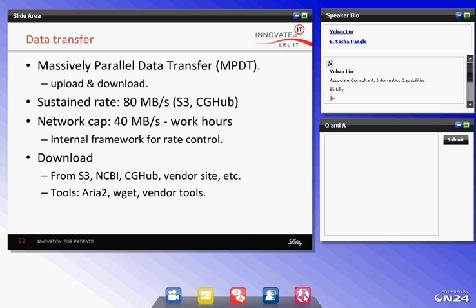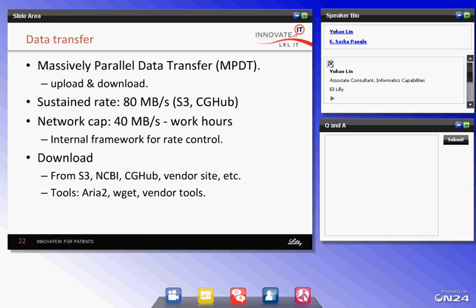Okay, so what I'm going to talk about are some tools that we use for uploading and downloading data, and I call these massively parallel data transfer tools. In the best cases, we can get a sustained rate of about 80 megabytes per second. That's actually too fast for our company network. We have a gigabit connection to the internet. So if I'm taking 80 megabytes per second and the total is only about 120 megabytes per second, that doesn't leave a lot for the rest of the company.